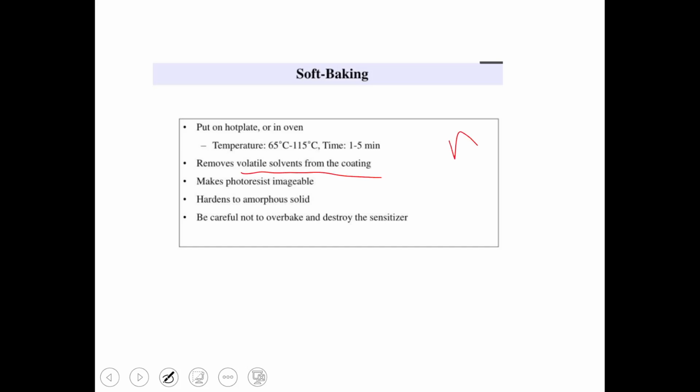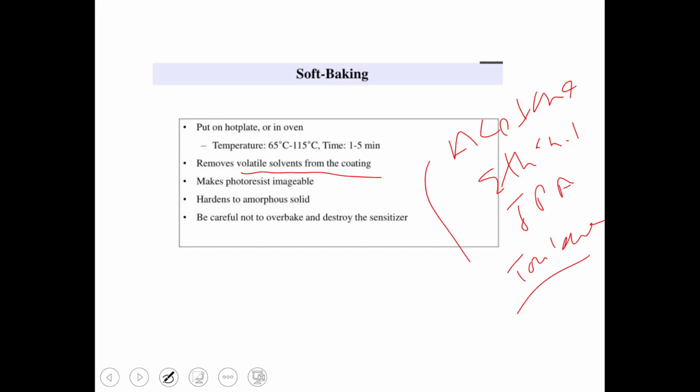The volatile compounds are acetone, ethanol, IPA (isopropyl alcohol), and toluene. These are all volatile organic compounds. For the photoresist coating we use these things, and some traces or particles will remain on the substrate, and we do not want them.